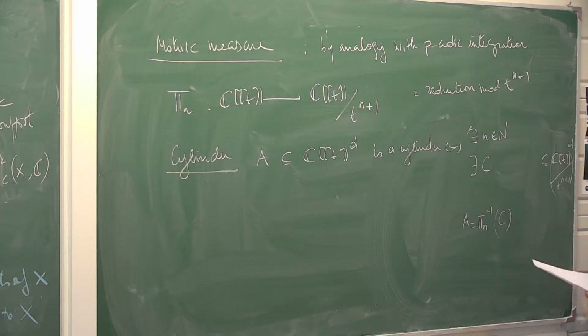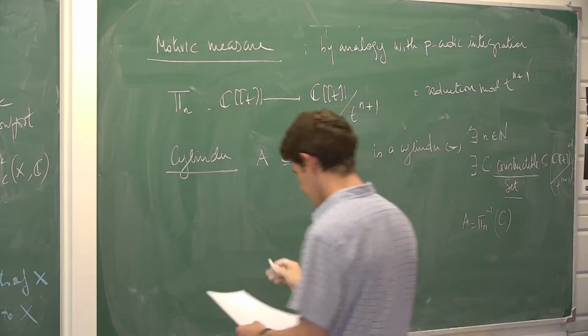So in the p-adic case, this set was finite, so you can take any set. Okay. Here you can't take any set. So you will consider C, which is a constructible set. So what is the meaning?